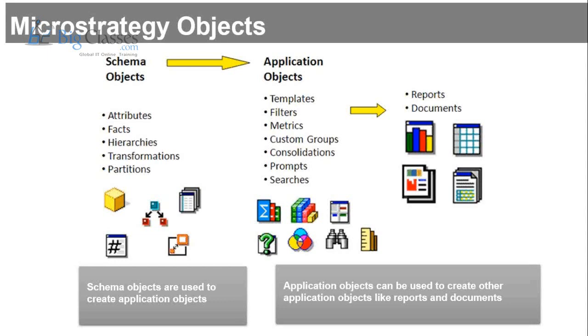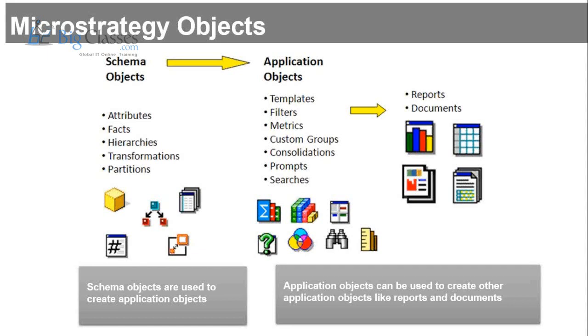Application objects do not point directly to a table or columns, but indirectly via your schema objects. So if I have to create a filter, I can create it on an attribute. If I want to create a consolidation or custom group, I can create it on an attribute or a filter respectively. So the first thing that you have to start working on are the schema objects.